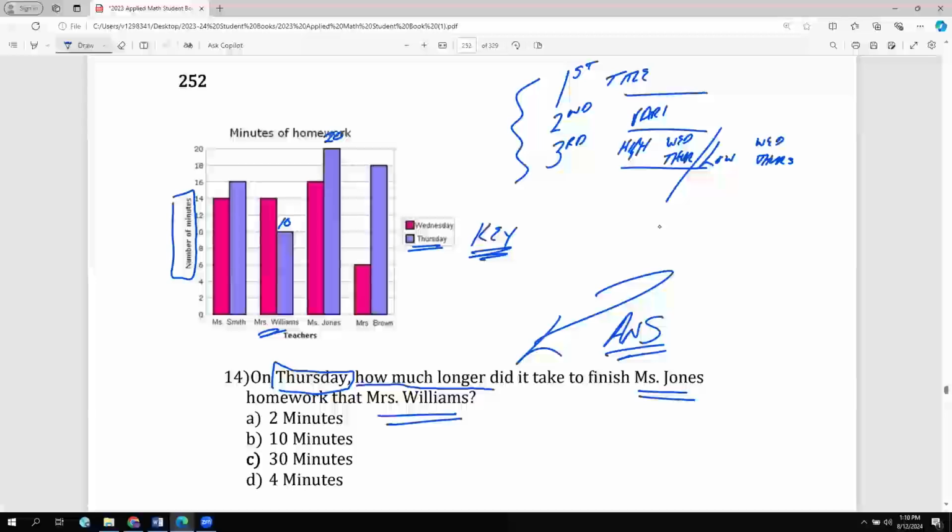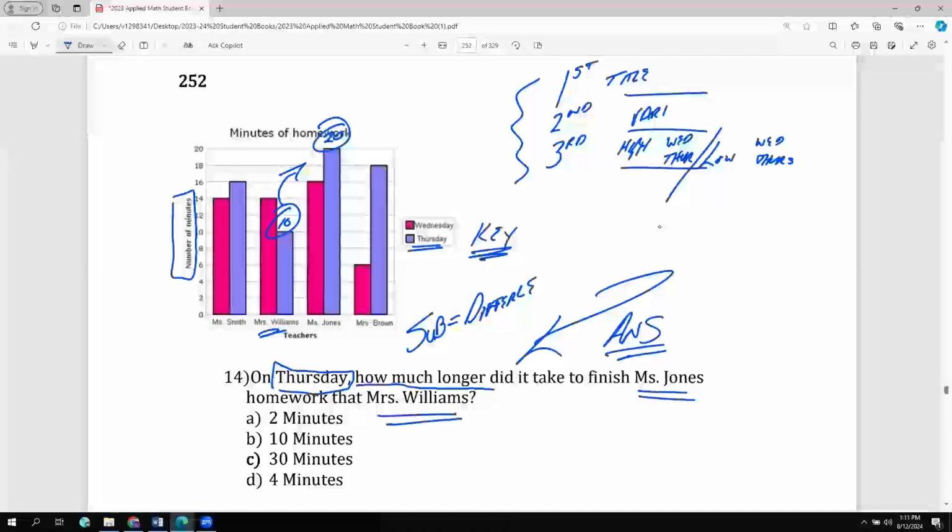So how much longer? This is a subtraction type problem because you're trying to find out the difference between the two. Because again, they're not the same number. They are different. One is 20, one is 10. Now, the difference between them says, okay, how much more does it take to get to the 20?